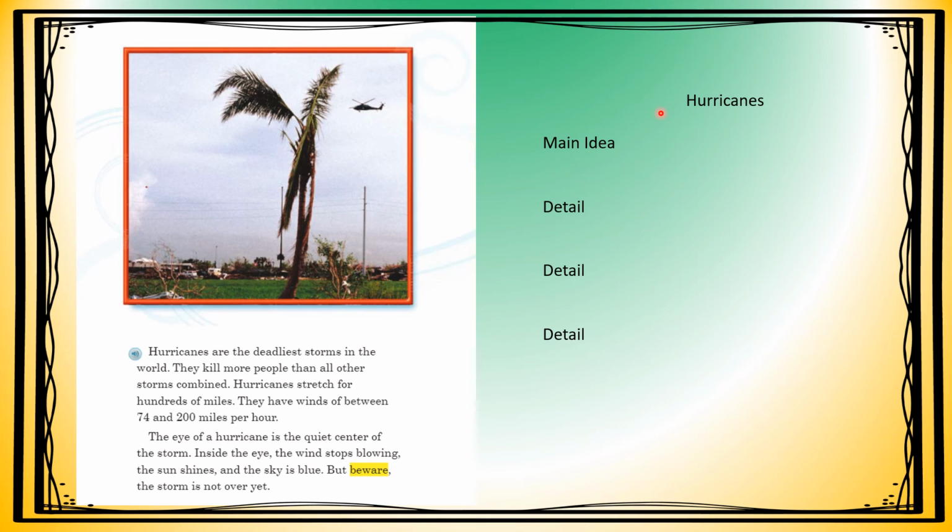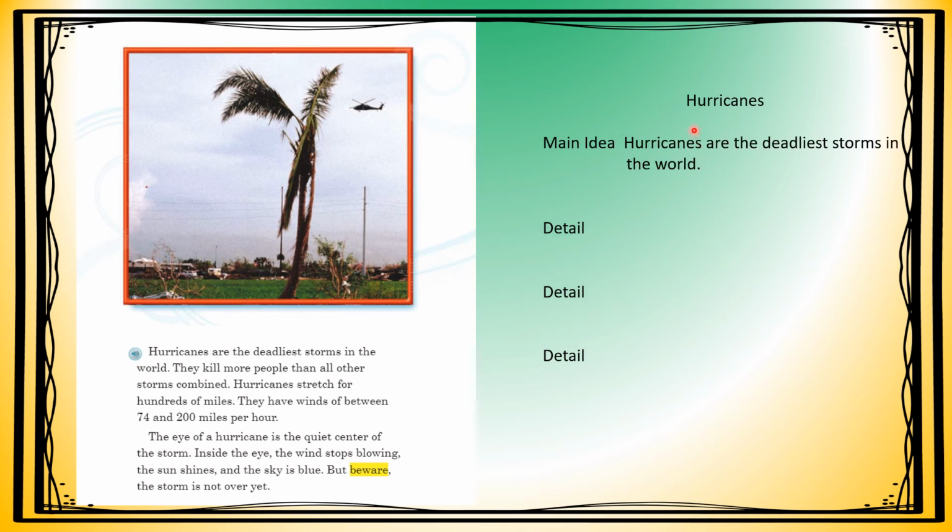In kindergarten, 1st and 2nd grade, sometimes, most of the time, you'll find the main idea of a paragraph in the first sentence of the paragraph. Now, that's not always, but I would always check for the first sentence to see if that's the main idea.